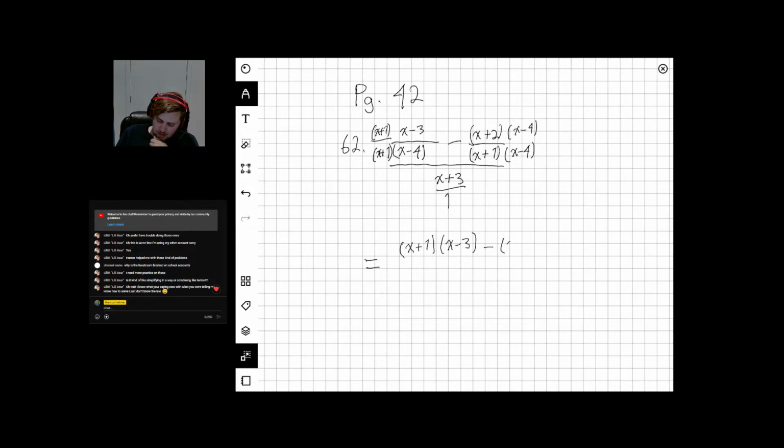Minus x plus 2 times x minus 4 over x plus 1 times x minus 4, all divided by x plus 3 over 1.